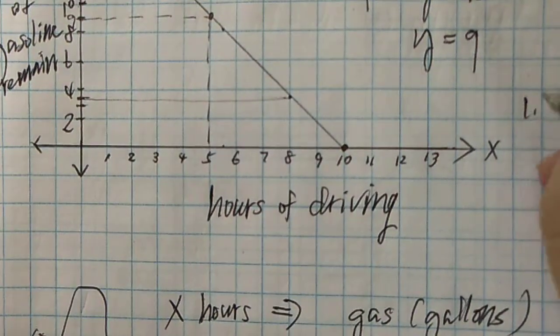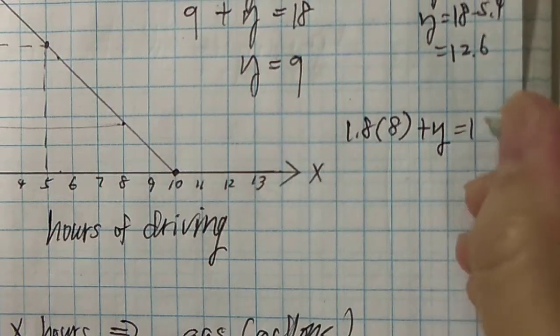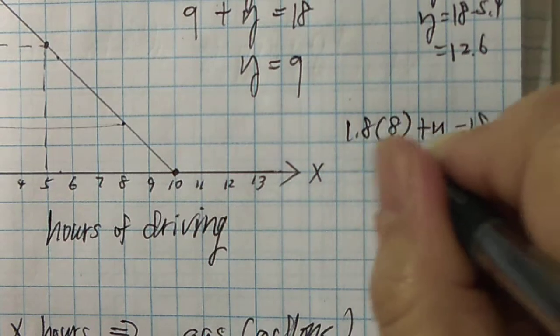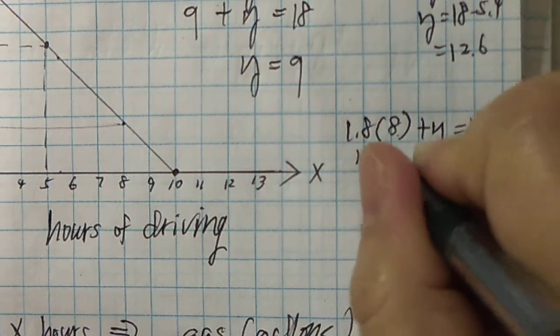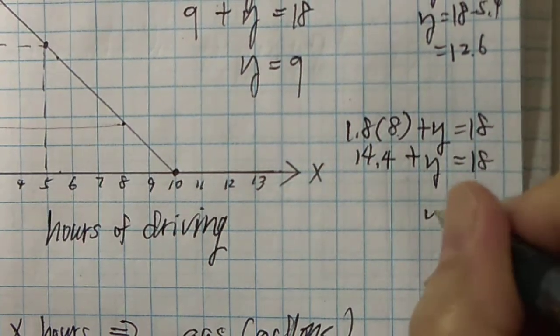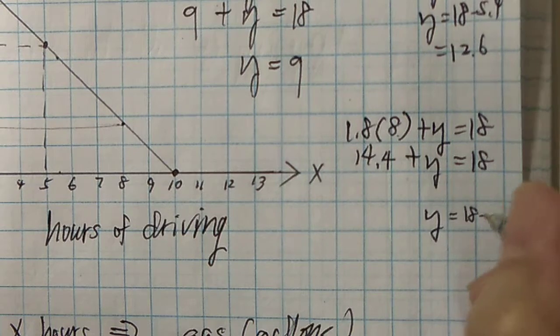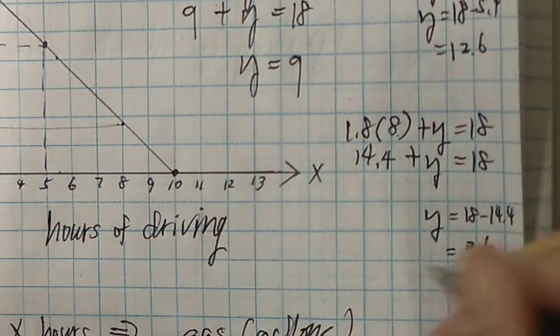Let's see. So 1.8 times 8 hours equals 14.4. So this would give me 14.4 plus y equals 18. y equals 18 minus 14.4, which is 3.6.